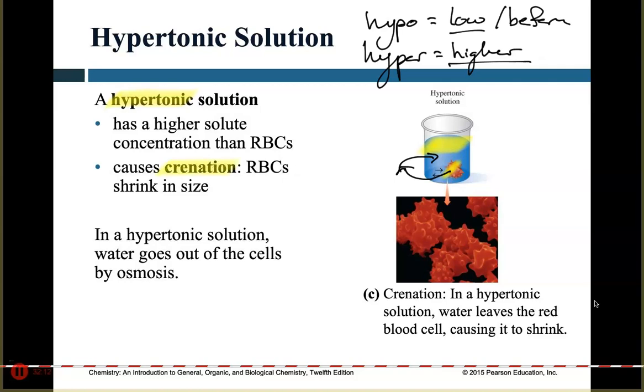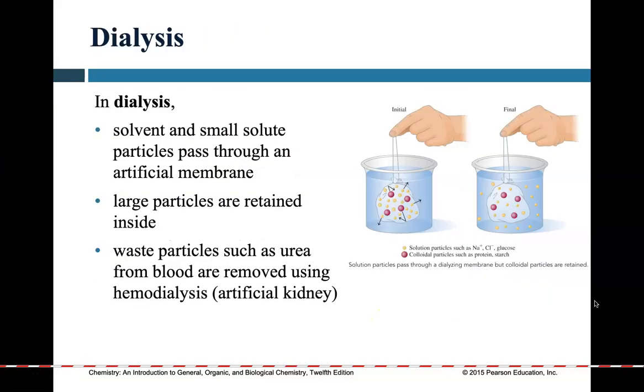So when we look at a crenated cell, it's in a hypertonic solution. Water will leave the red blood cells and cause them to shrink. I believe the etymology comes from geology, where crenation means spiky outcroppings, though I'm not 100% sure. I may be totally wrong, but that's what it looks like to me. I can double check that for you guys.